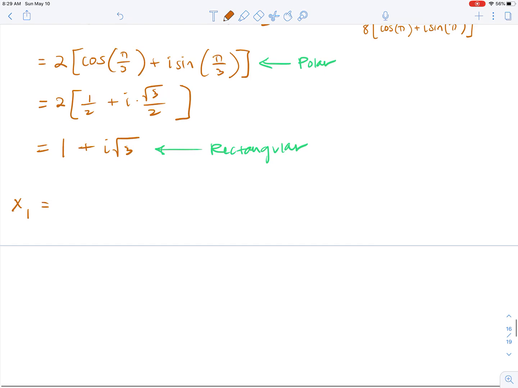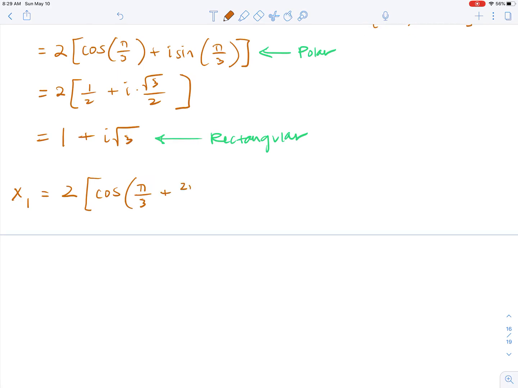I'm going to call the second solution x sub 1, thinking about that index for k. So if we're thinking about applying the nth root theorem, 8 to the 1/3 power, remember, is 2. And we will take pi over 3, and we're going to add 2 pi divided by 3.